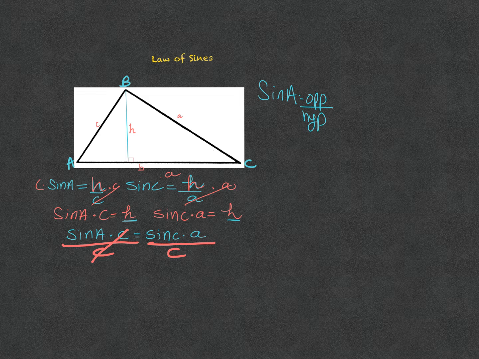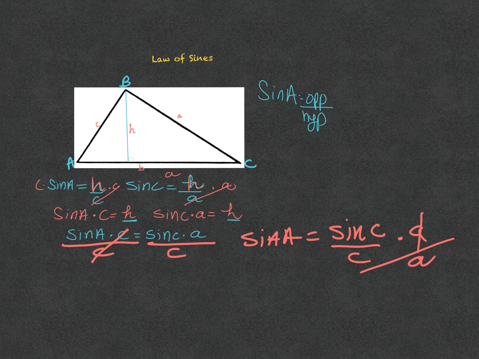So I'm left with sine of A equals sine of C over C times A here. Can I potentially do the same thing on that side? Of course. Let's divide that side by A. Whoops, I did something weird here.